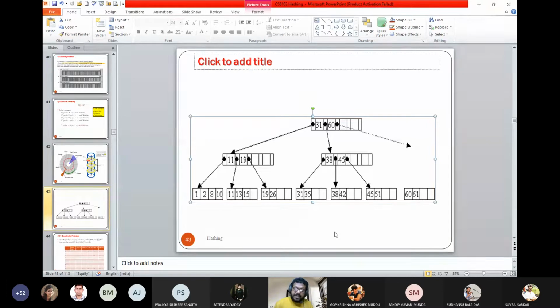And there is a protocol which is known to your teacher and students, and you design a mechanism. When somebody says I want to search this experiment, there is a manipulation. I will manipulate that particular key value, and I can directly generate a page number where I have to go.